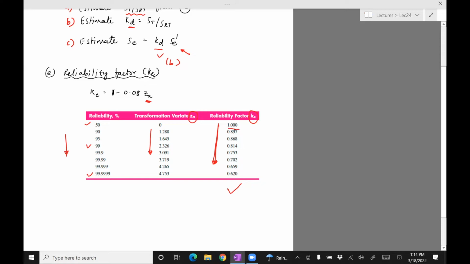Se is Ke times Se prime, so the smaller Ke gets, the lower the strength is. Which I thought would have been the other way around, but apparently the bigger the reliability is, the smaller the value is, which means that your strength is going to decrease as you make it more reliable. 0.6, right? Okay, these are again empirical relations.